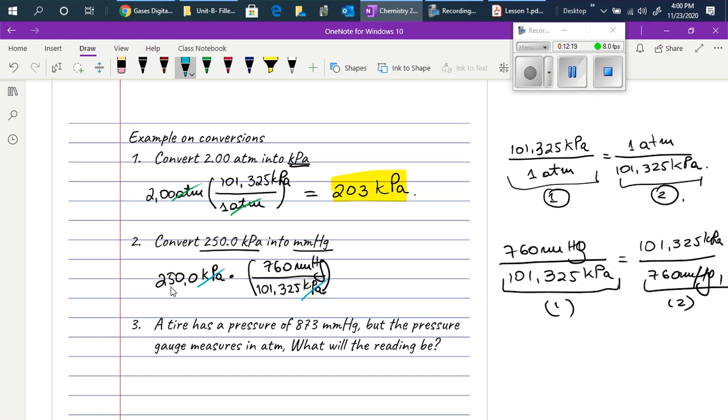Kilopascal and kilopascal cancel out, and the calculator will tell us it is 1875 mmHg. We write the final answer with 4 significant digits, since whatever the problem starts with has 4 significant digits.